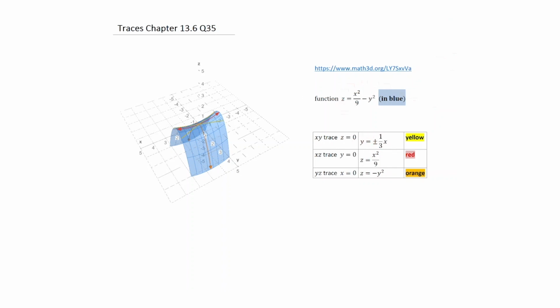For the xz trace, you set y equals 0, and you end up with z equals x squared over 9. And for the yz trace, you set x equal to 0, so that term is 0, and this becomes z equals minus y squared. Each one of these, which turns out to be a curve, is designated in the 3 colors that you see here.